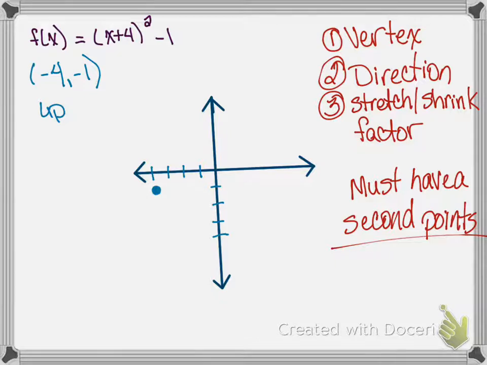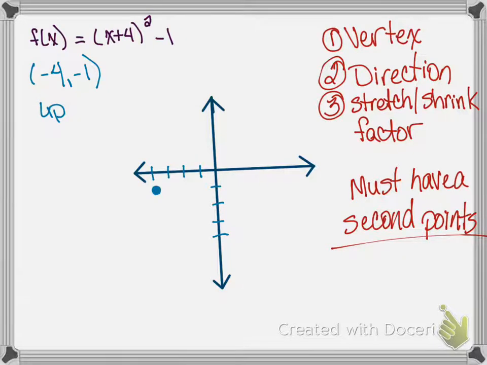When we do a table of values, what can I plug in? Anything I want. So what we've got here is we've got to find a second point. The way that we find a second point is we plug something in for x.